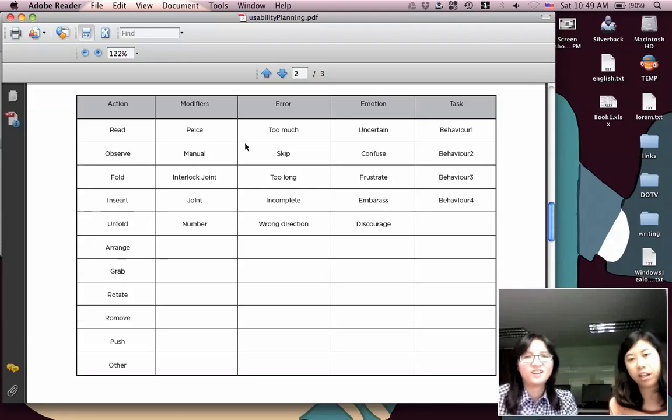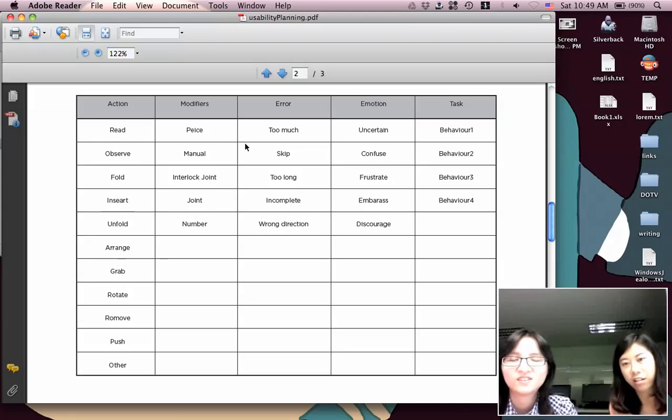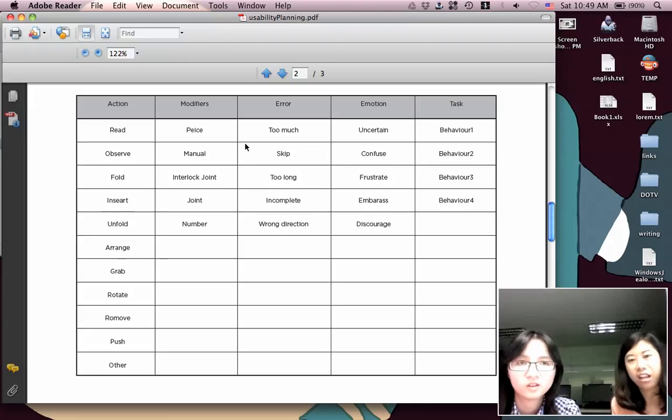We separate into 5 categories of observation. So we first observe the action, and then the modifier of the action, and then we observe the errors, and then emotion and task.